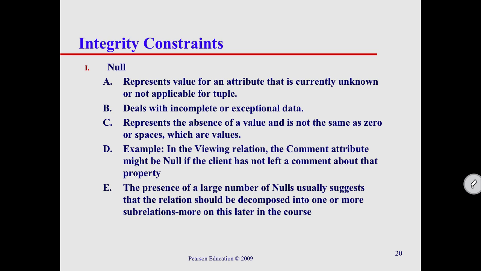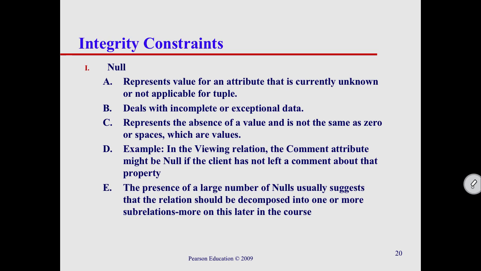The property management company may keep a viewing relation. The viewing relation might be the property number, the client number who viewed the property, maybe a date, and maybe a comment.